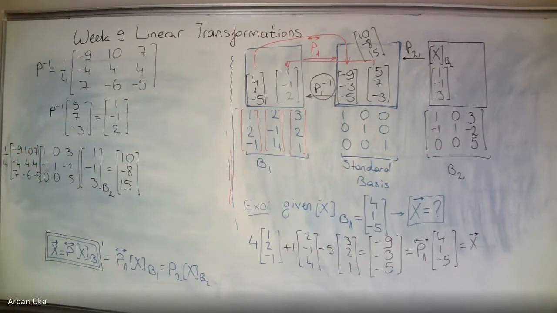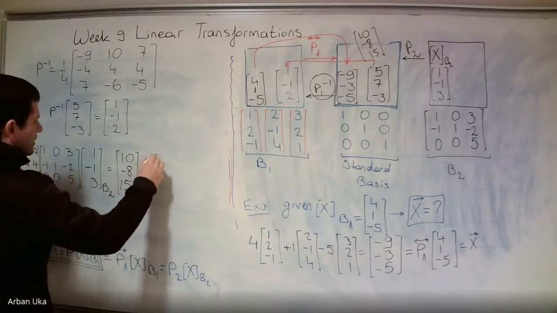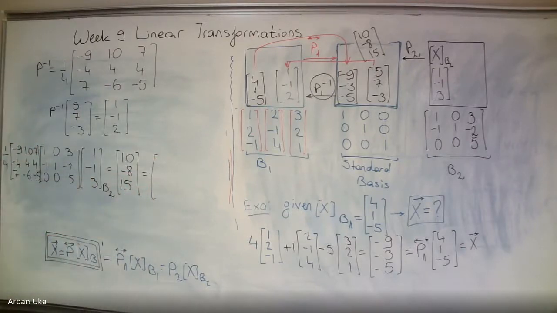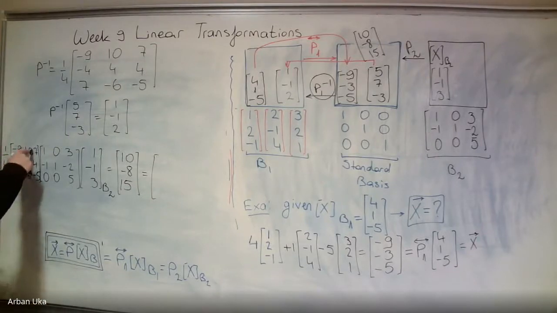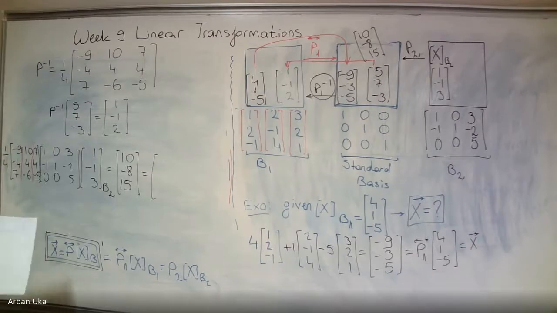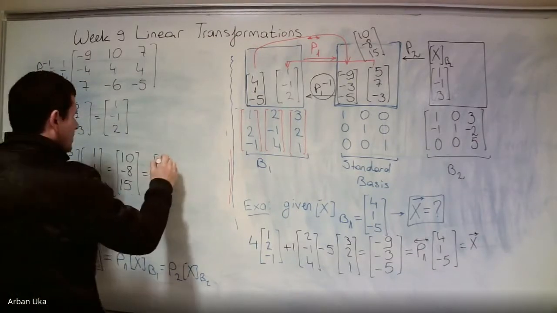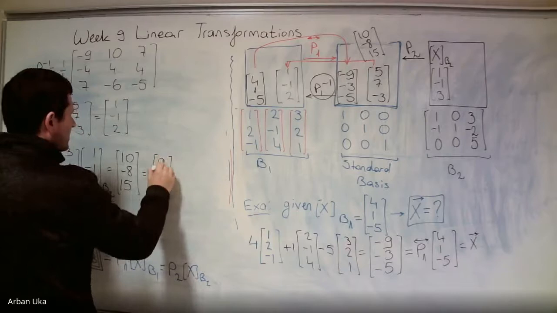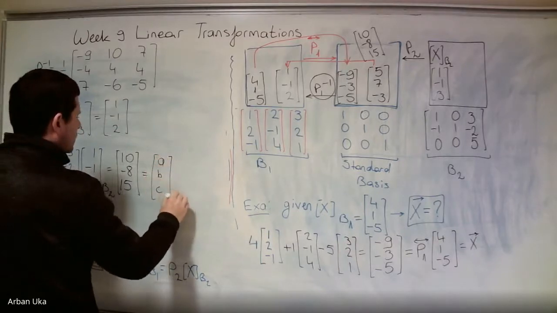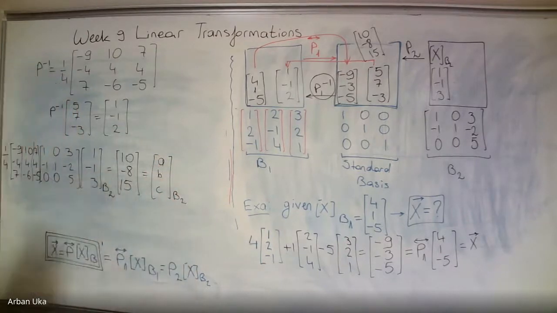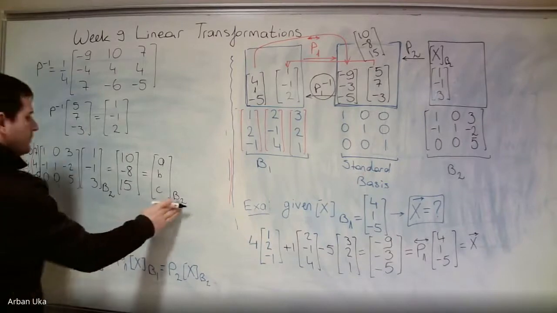Let's see actually what we get. You can calculate this one, so let's separate it like this because it doesn't look the best way possible. But it looks like we can find some numbers here, A, B, C, which are according to basis B2. No, wait a second, B1.